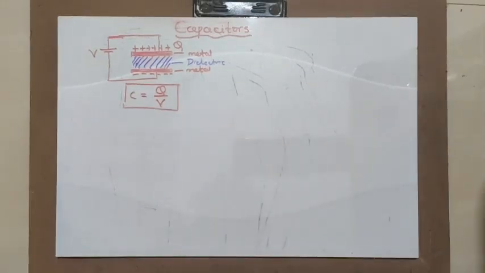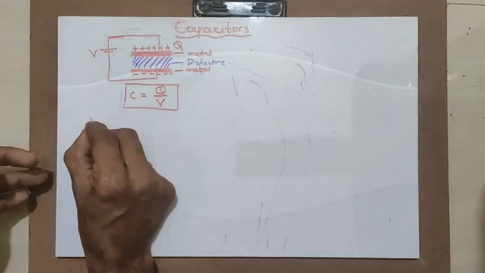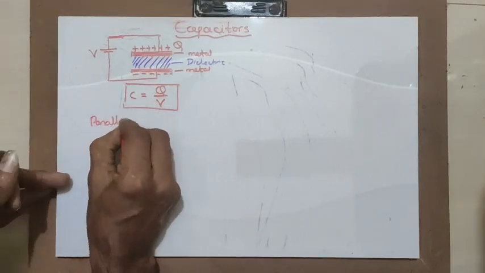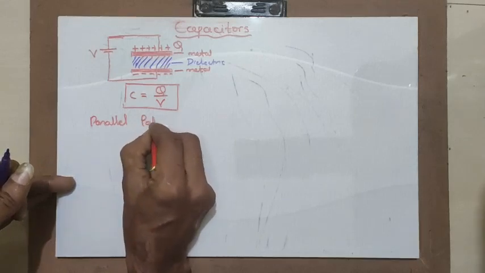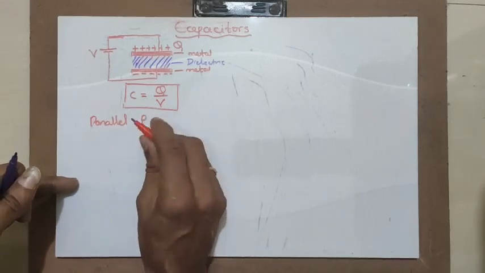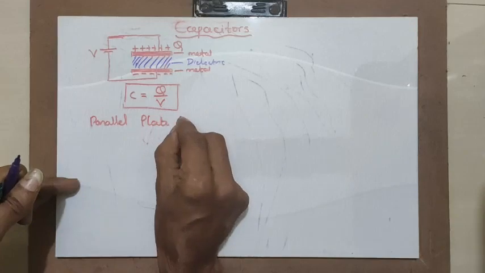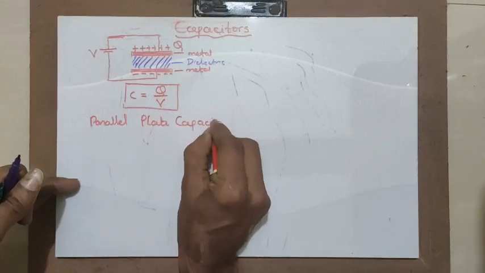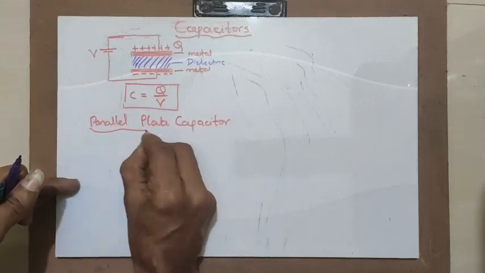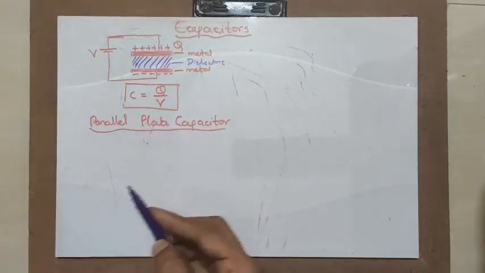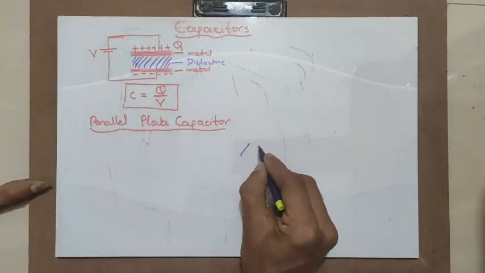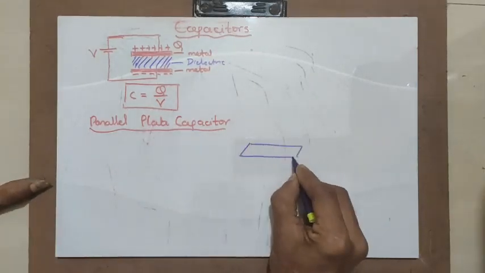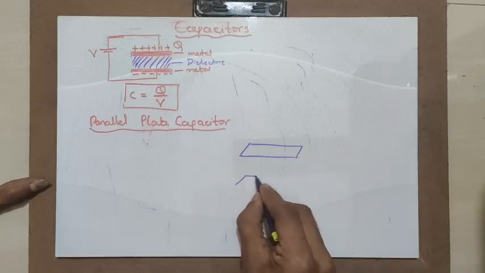Now, a very important structure which comes is the parallel plate capacitor. See, the parallel plate capacitor has a structure where there will be two parallel plates.